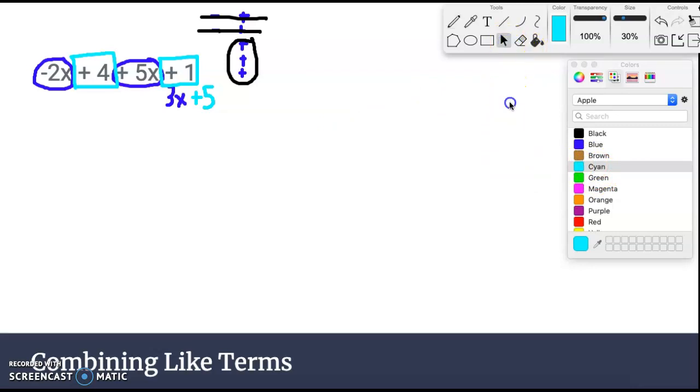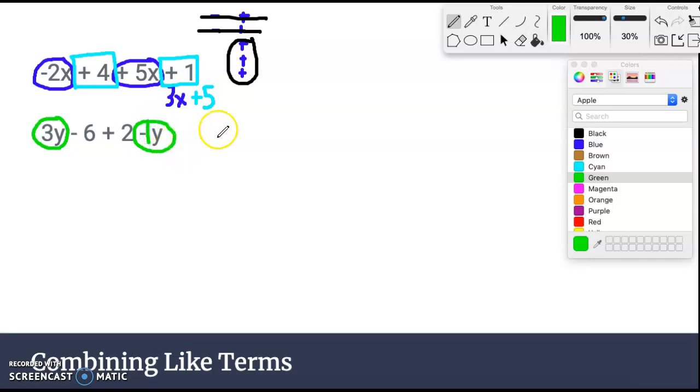Okay. In our next one, 3y minus 6 plus 2 minus y. I'm going to start again by picking out my variables. Right? Just because it's a different letter doesn't mean we need to change anything. Right? 3y matches with this negative y, and remember, this is like a negative 1. That 1 is just invisible.